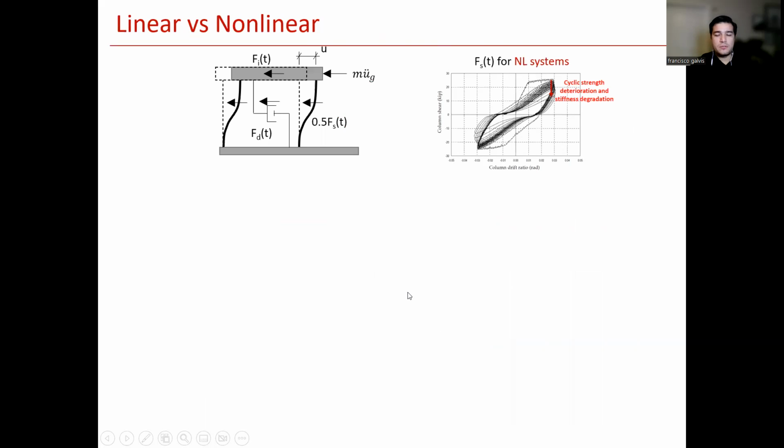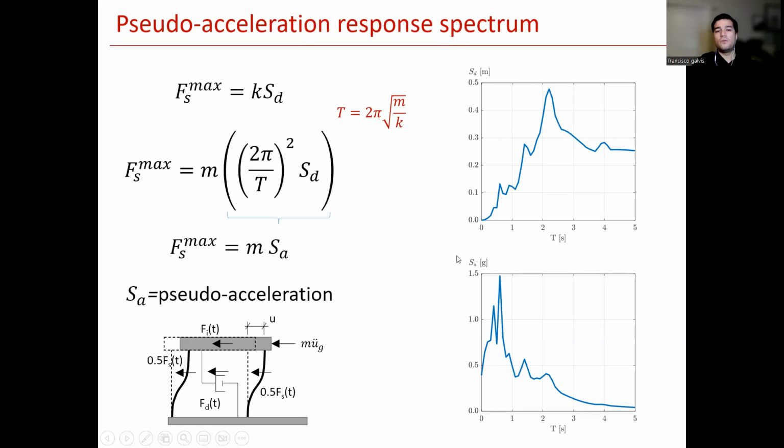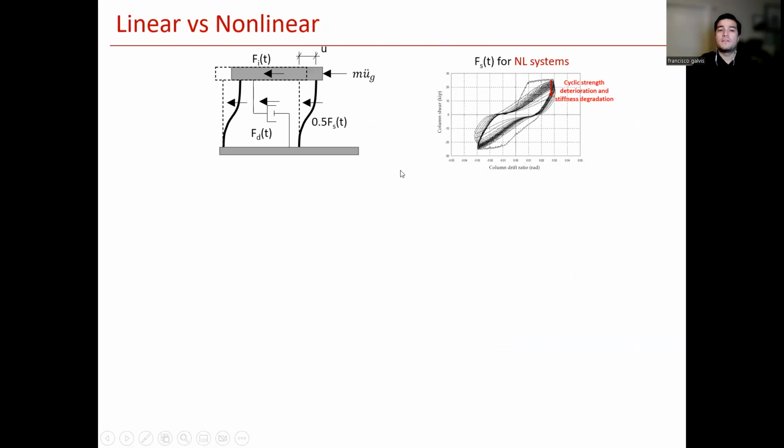Now, what happens if your structure is not linear, right? All of what we have done before, all of this analysis, relies on the fact that we have a structure that's linear, so the force is proportional to the displacement, period. But if the structure is nonlinear, that's not the case anymore, right?